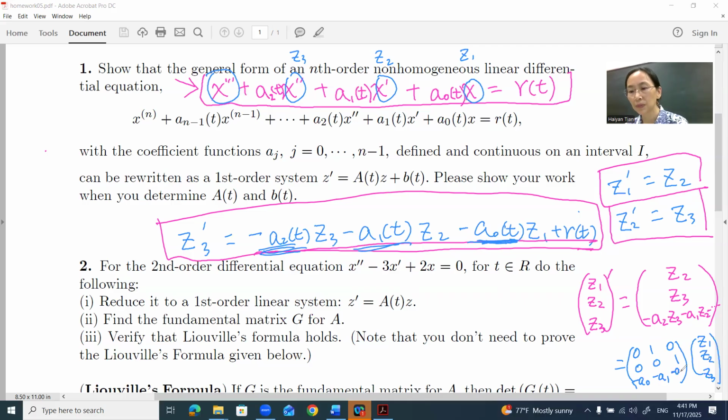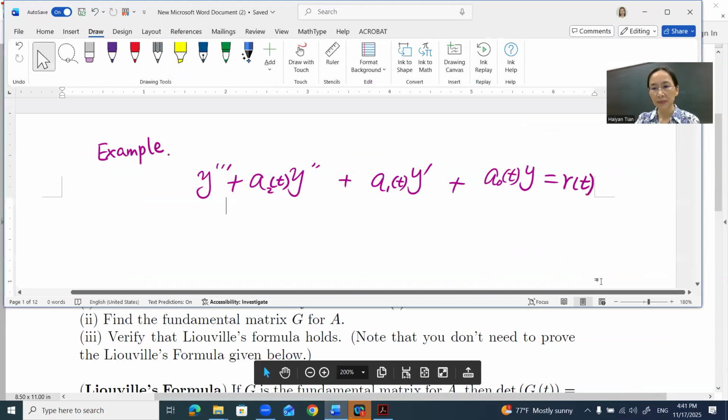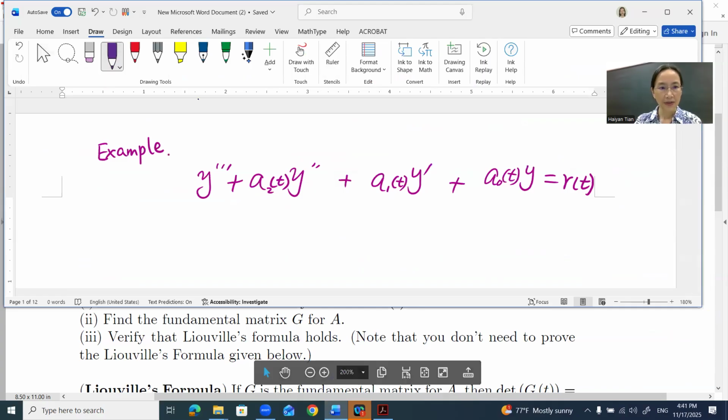But still we have this R. So in addition to this, we still have R. That means we need to add a vector, so let's write it to include a vector. So this is our system under consideration.